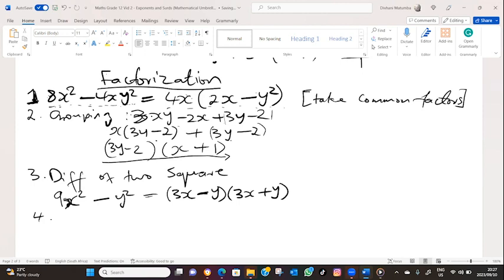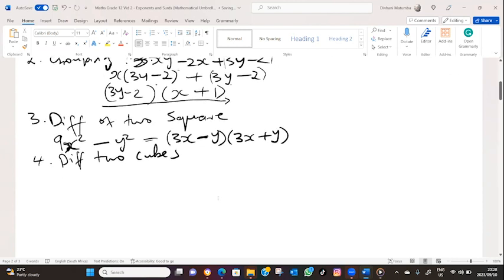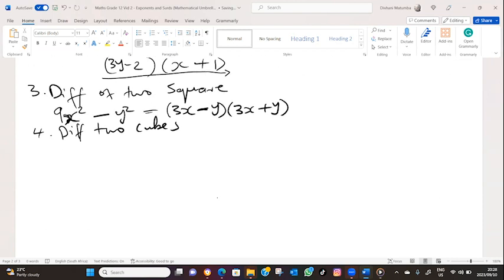Then number 4, we have the difference between two cubes. So now with the difference between two cubes, let me give you an example. Then I will explain how it works. So what happens is you have the smaller brackets and the bigger one.